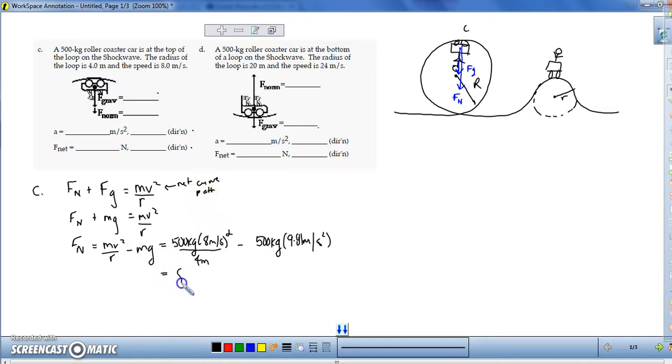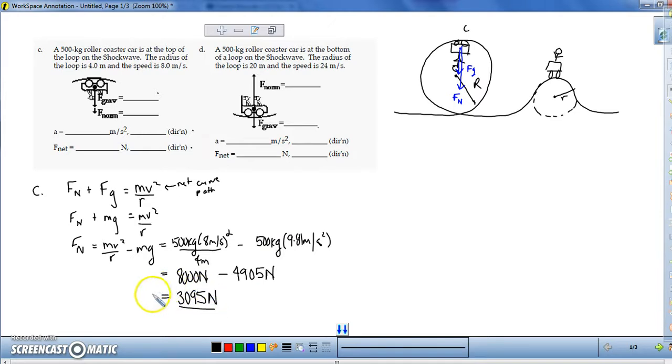And when you solve for this, you get 8,000 newtons minus 500 times this is 4,905 newtons. And then, when we do out that math, 3,095, that's what it is. Okay, I was writing it right.